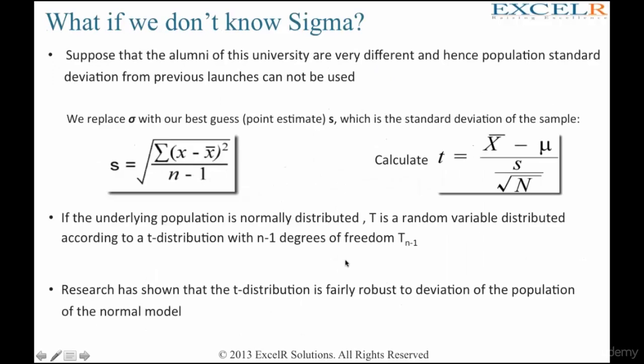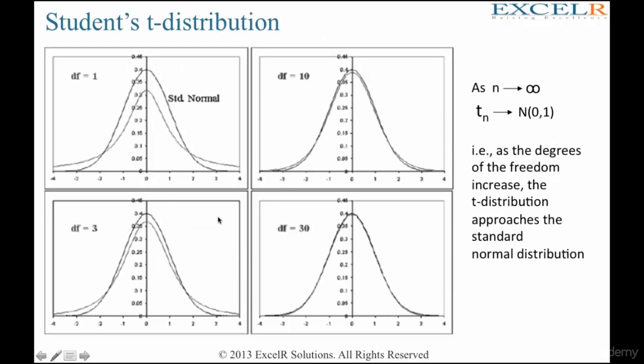Now, one more thing that you need to understand here is that research has shown that the t-distribution is fairly robust to deviation of the population from the normal model. What does that mean? Let us understand here. The formula for degrees of freedom is equal to n minus 1.